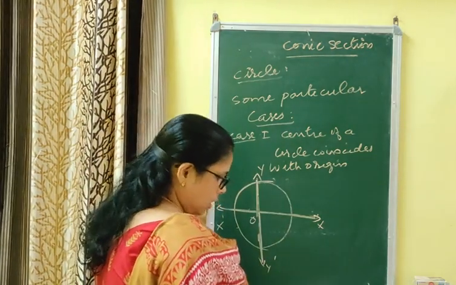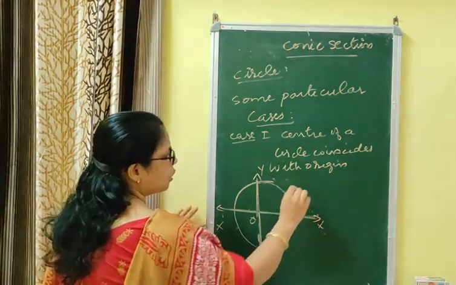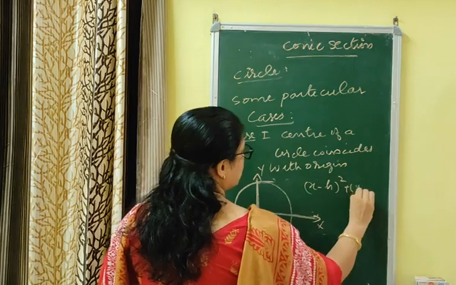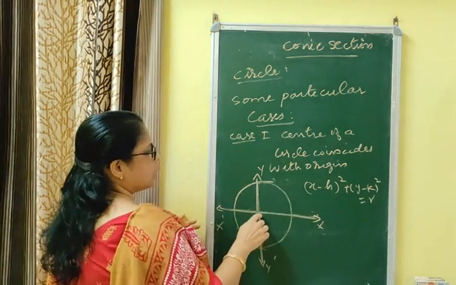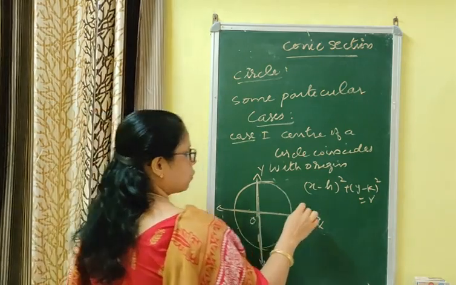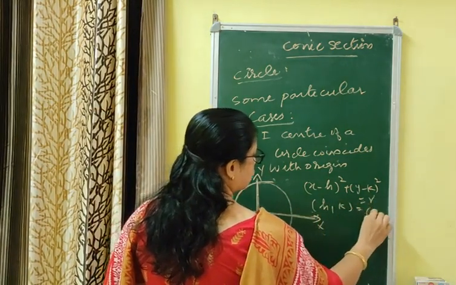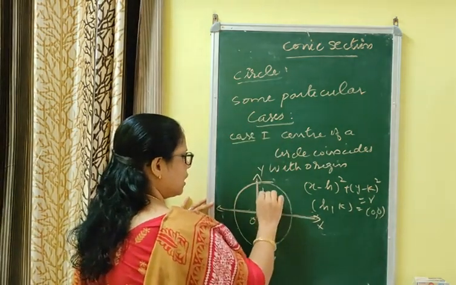Now, by the central form, the equation of a circle is (x minus h) whole square plus (y minus k) whole square is equal to r square. Since in this case the center is at the origin, (h, k) equals (0, 0). Let us take the radius as a for convenience.